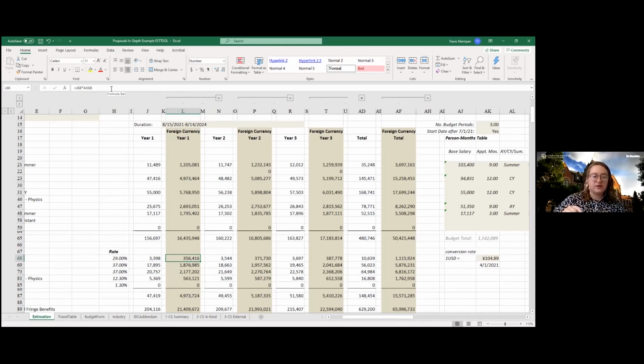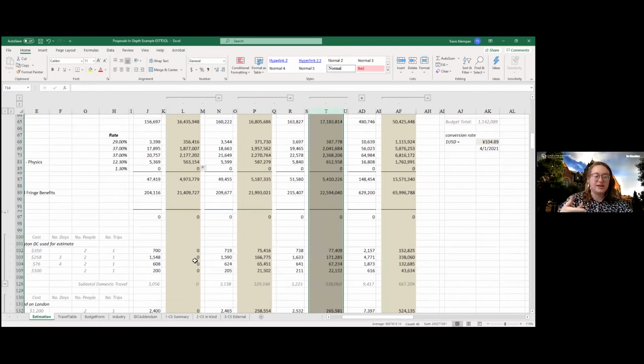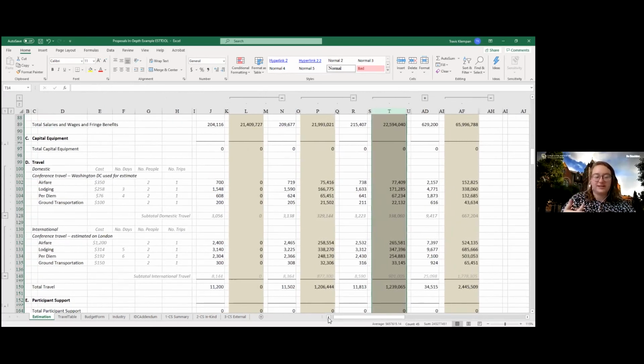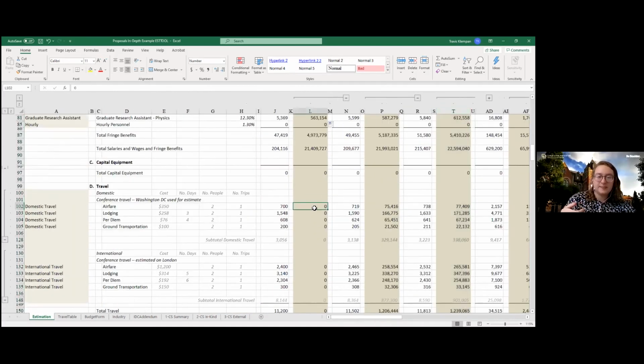So we'll go ahead and drag that formula down. And then we have our yen equivalents to dollars for that section as well. So I've already done years 2 and 3. And if you scroll down while I'm talking you through, Travis will finish converting our travel and other expenses.